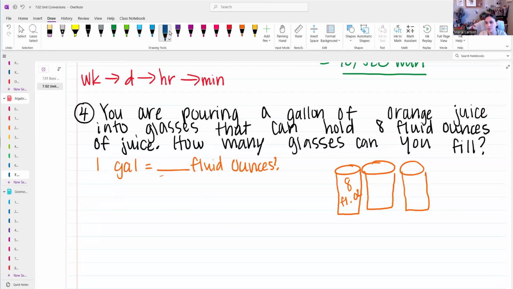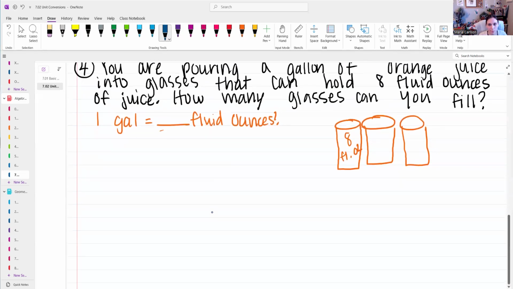There is another way you could do this problem, but I'm going to stick with this method. I need to figure out how many fluid ounces are in a gallon. So I'm going to write all the conversion factors I will need. 1 gallon is very large in comparison to a fluid ounce. So I'm going to start by noting that 1 gallon is 4 quarts.